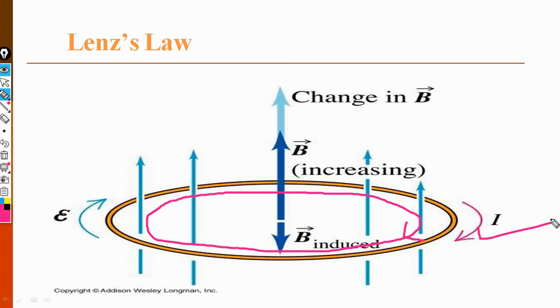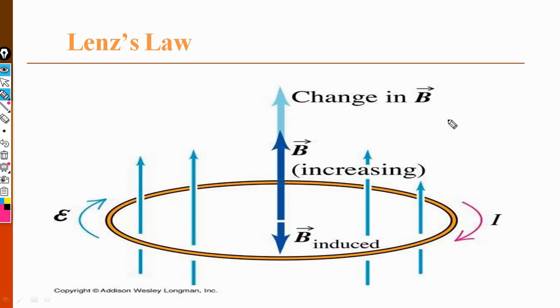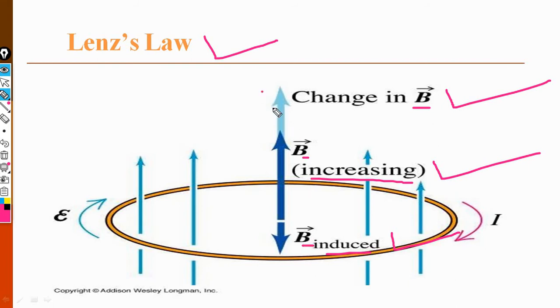Then at that instant the change in flux density is very important. Then increasing flux density is very important, and induced flux density is very important. That means these three parameters are very important in Lenz law: change in flux density, increasing flux density, and induced flux density.